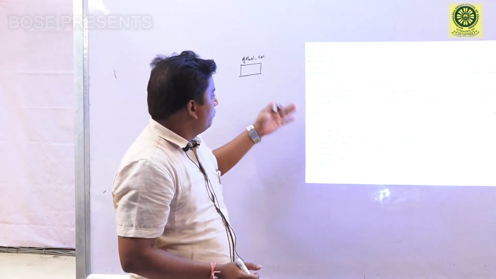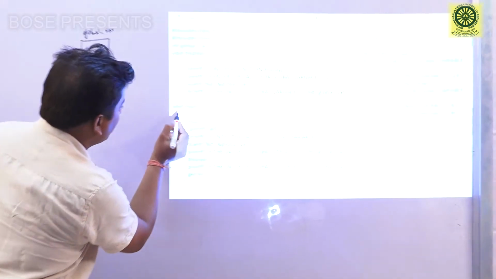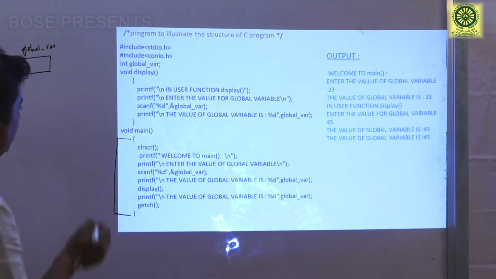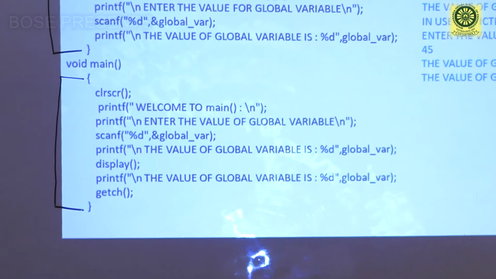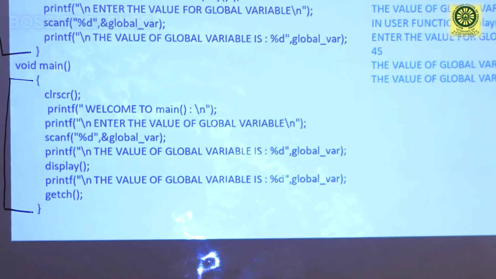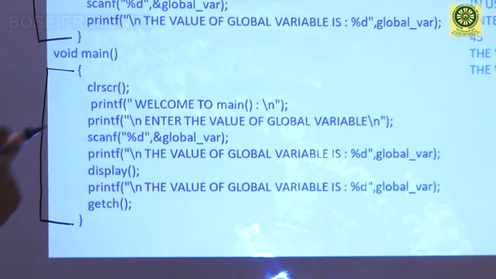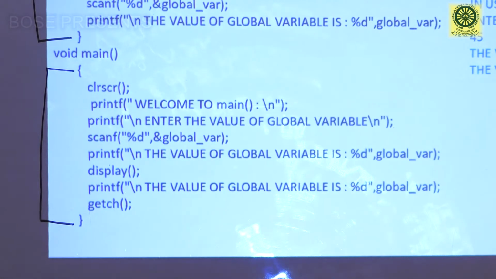So let's start from our main function. This is the block of the main function, and this is the block of the user defined function. In the main function, first I have written clrscr. The clrscr stands for clear screen, and it is defined in conio.h.